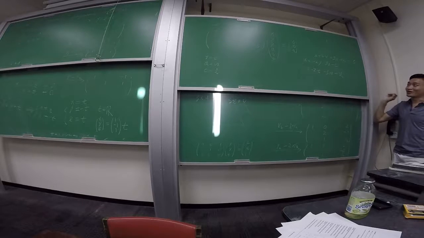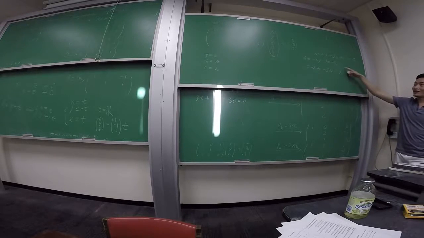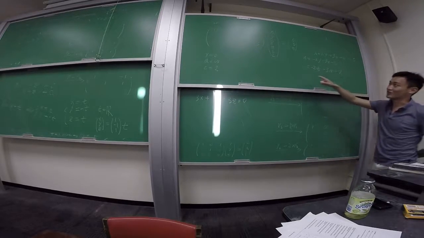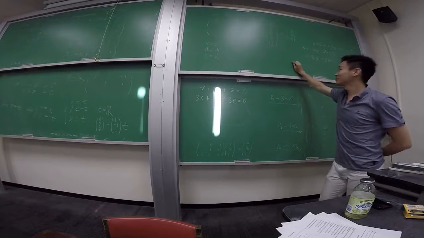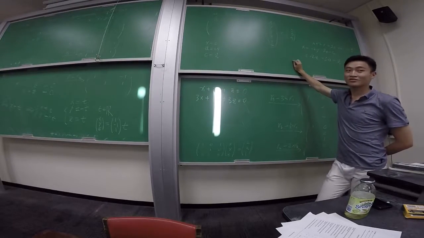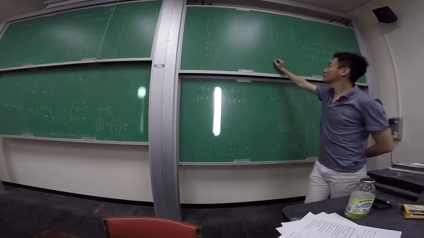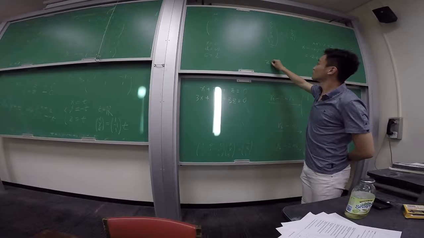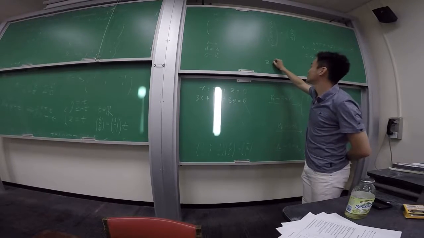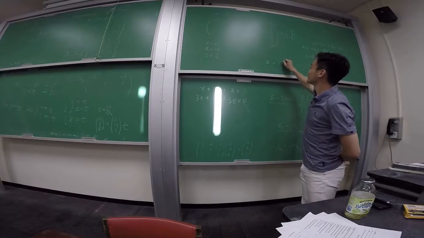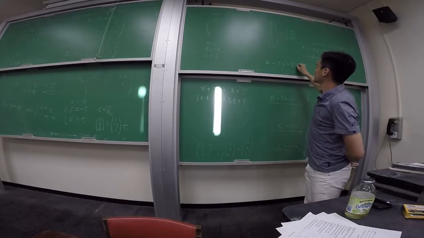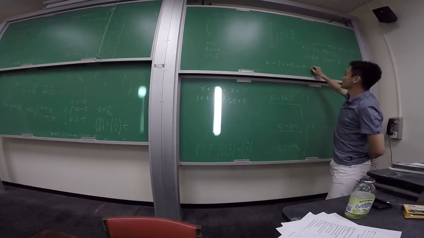Okay, let's use this method to find the value of z. So what is z equal to? Tell me the equation first. z plus 3c plus 5a plus 2c equal to 0.